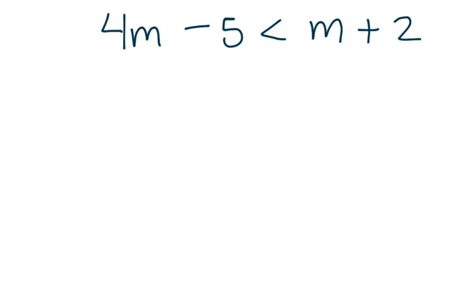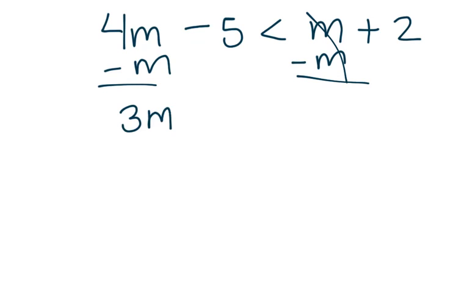All right, so let's get the variables together because we can't do the first two steps, no distributing, no combining on the same side. So I'm going to subtract m on both sides to get my variables together. I move the smaller one. So that gives me 3m, bring down minus 5 is less than 2.